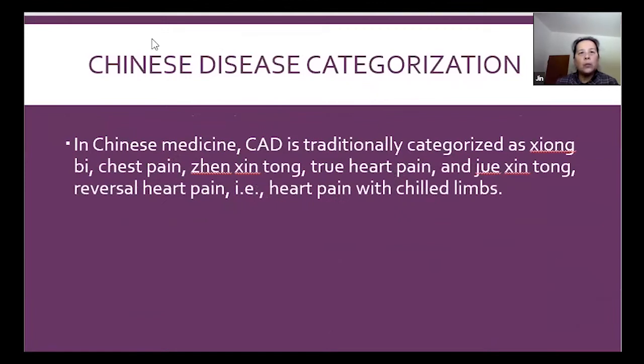Today we go to the TCM aspect. So in Chinese medicine, coronary artery disease falls in a category which, according to the symptoms, we call 胸痹. 胸 is the chest. 痹 is pain, B is pain.